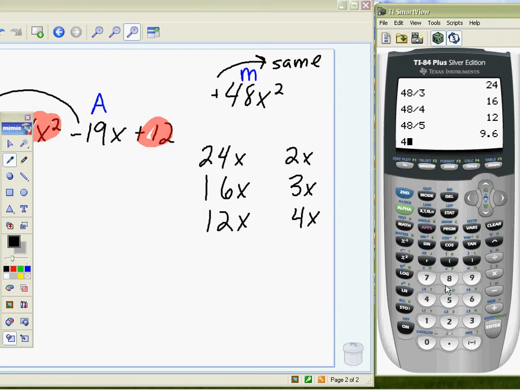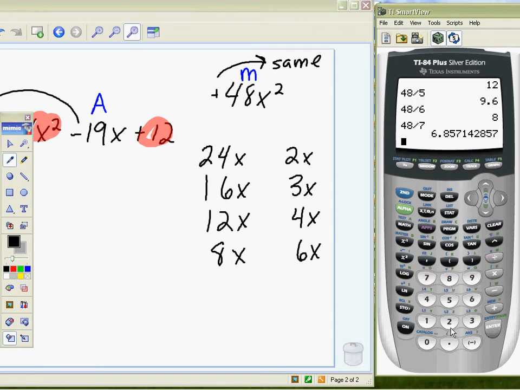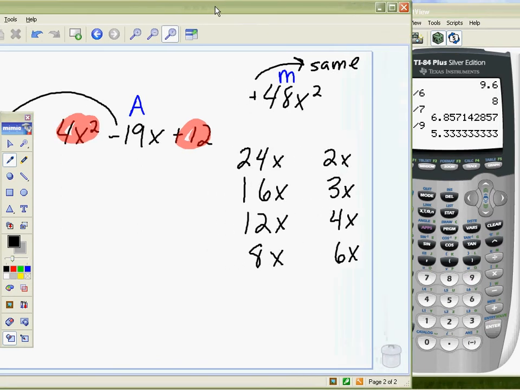That's not a factor. Then by 6 and you get 8. So we have 8x times 6x gives me 48x squared. And then divided by 7, it's not divisible. Then divided by 9, it's not divisible. And so on until you come up with the appropriate factors.